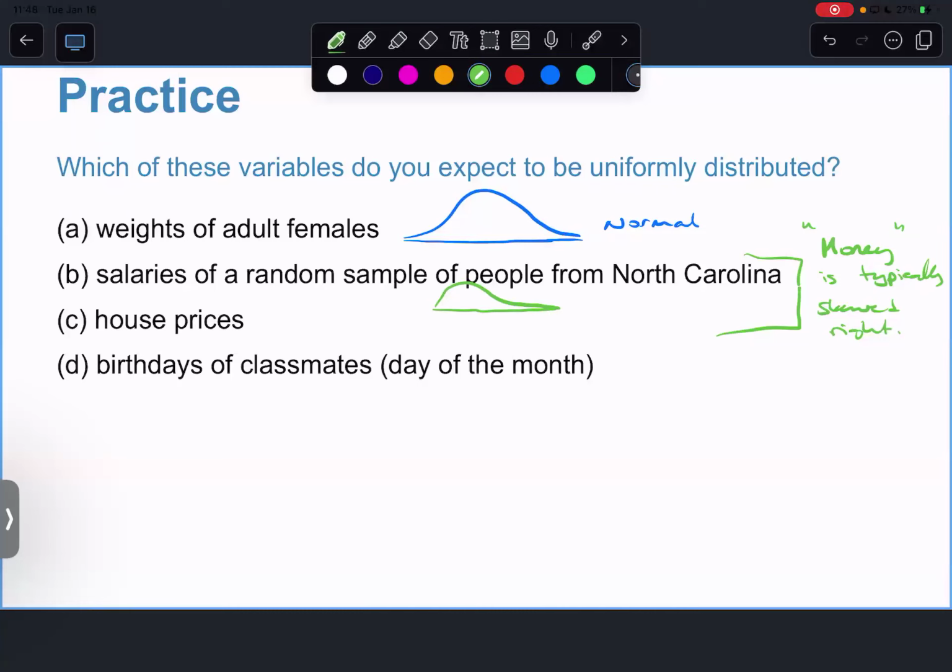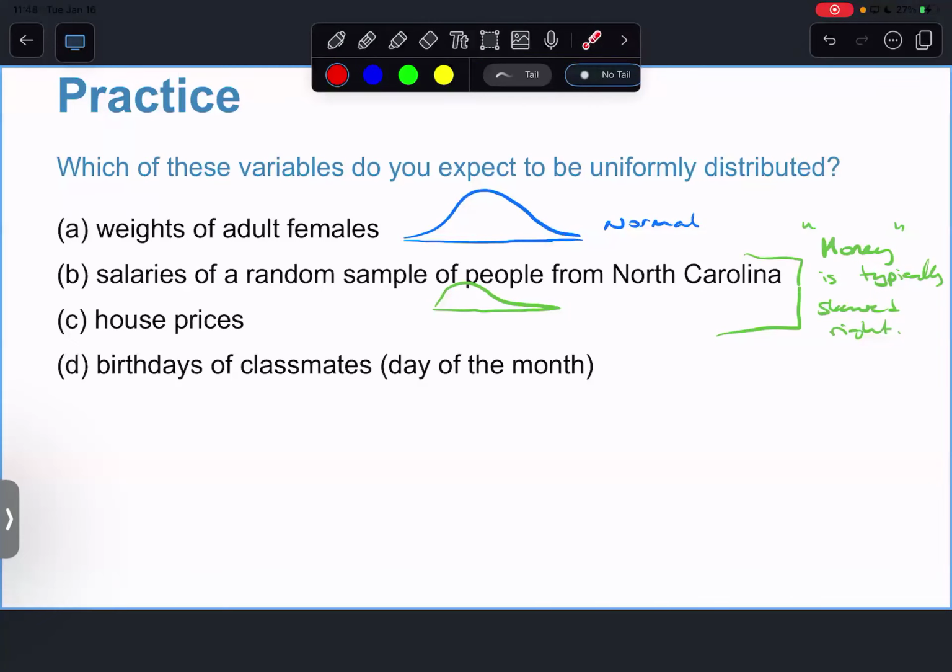Most people making a typical amount, whatever that is, and then a very few number of people making a huge amount. There is kind of a lower end, and that's what often creates this skewed distribution, when there's no possibility for lower. Traditionally, money measurements are skewed right, okay?